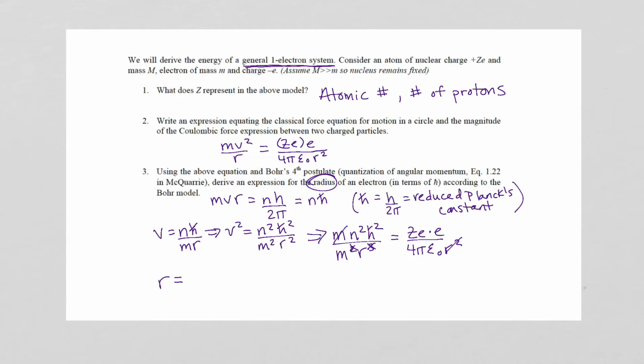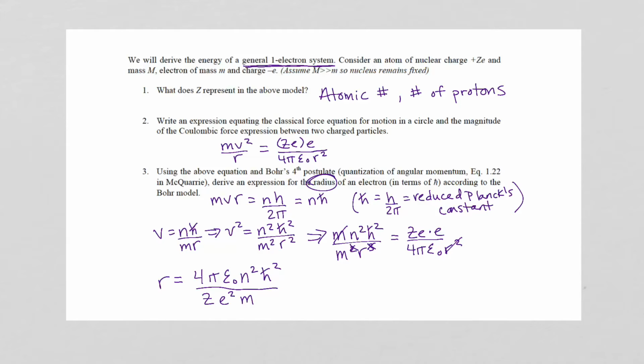So once you do that magic rearrangement, you should end up with 4 pi epsilon naught n squared h bar squared over Z e squared times m.